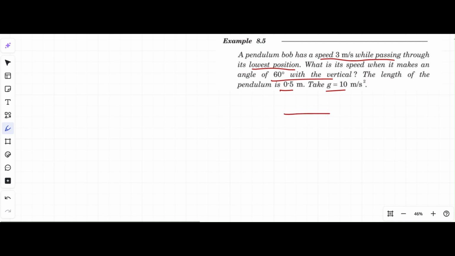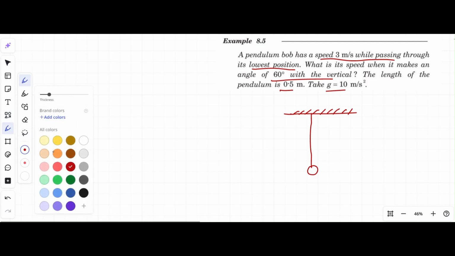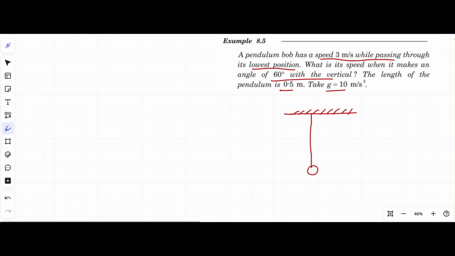So suppose this is the ceiling, the bob is connected here. Now the bob moves and reaches a certain point here.